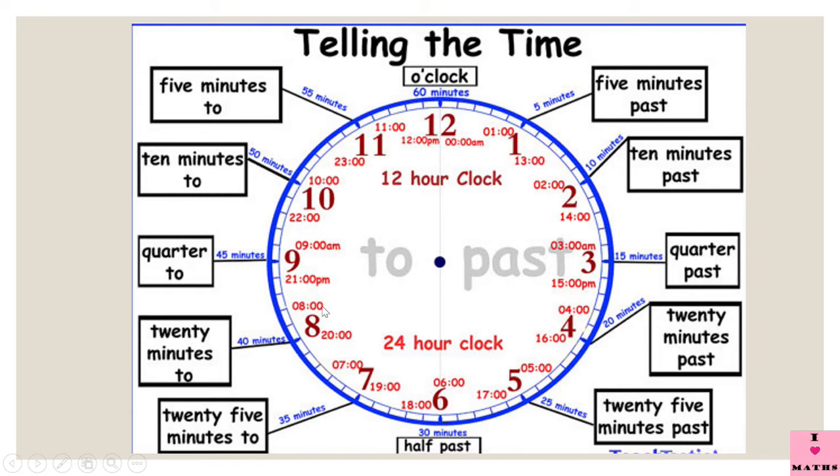We go on till 11 and then 12. 12 o'clock at night is 2400 hours.